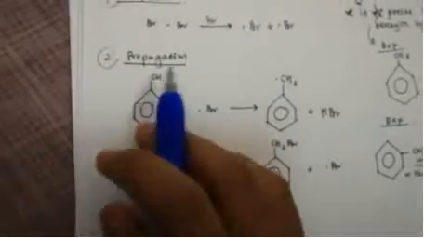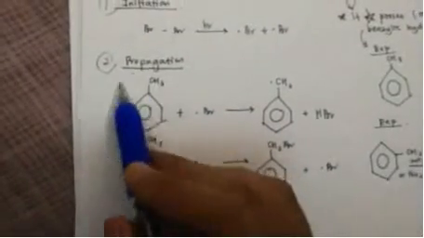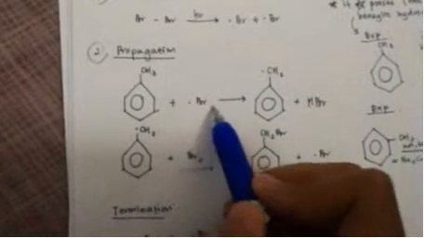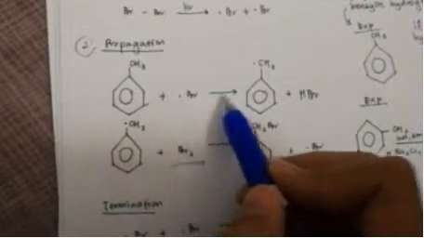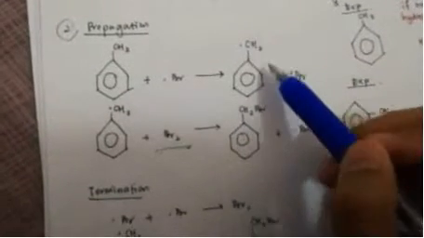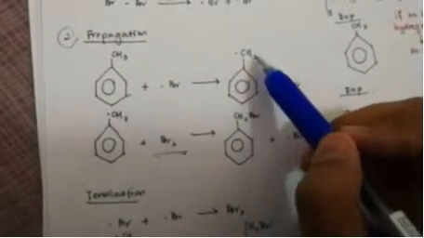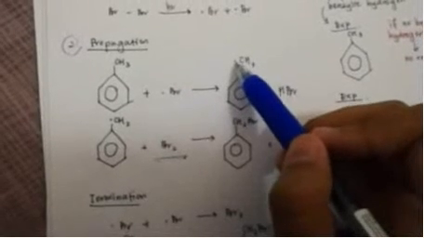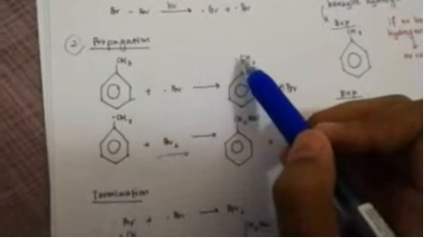And for the second step, which is the propagation process, in this case we choose toluene. It undergoes a process with the free radical of bromine, and the product is where one hydrogen is lost and a free radical is attached at the carbon.